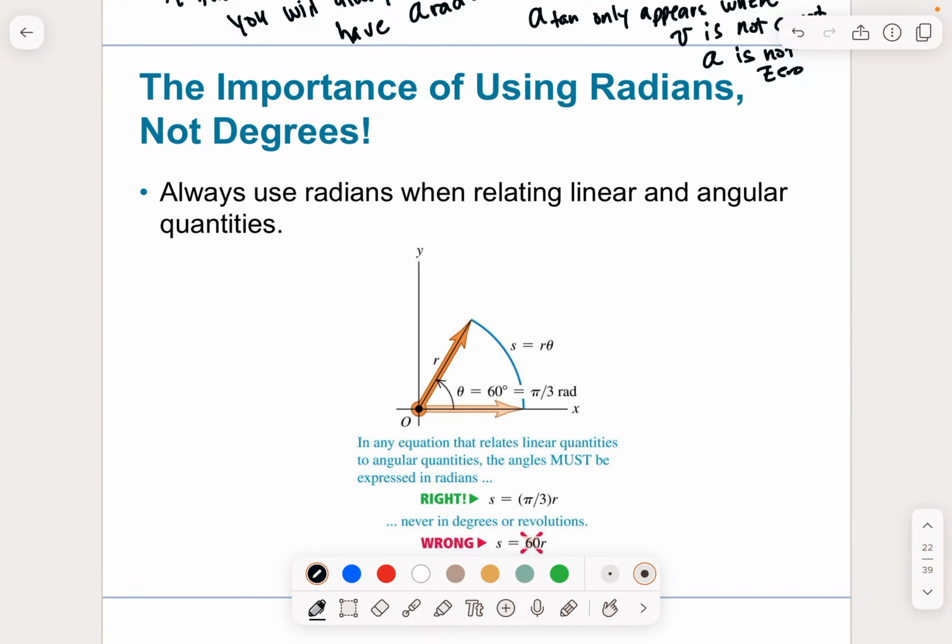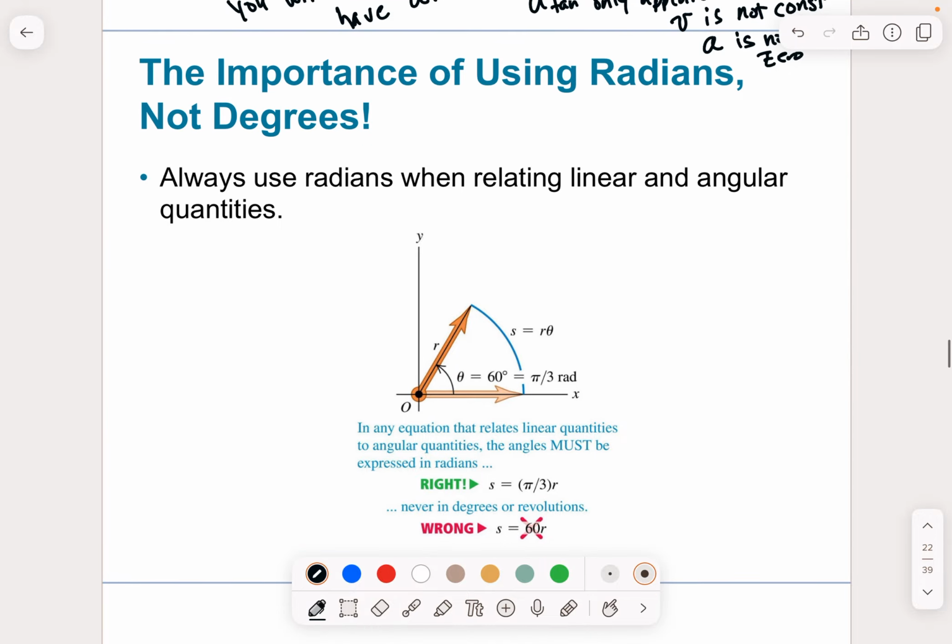If you are multiplying an angle by something, you have to use radians because radians are essentially unitless, the number 1. A radian is not a unit. A radian is a ratio of two numbers that have the same dimension.